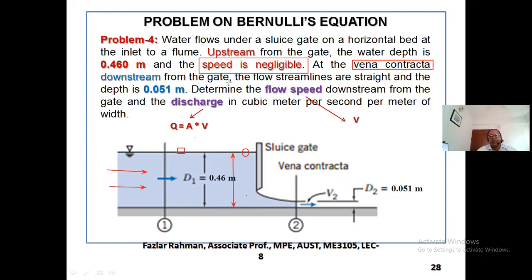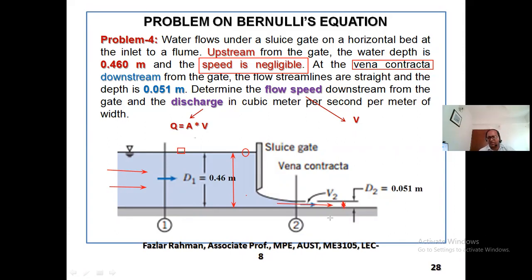Downstream from the gate, the flow streamlines are straight. That means downstream, water is coming out at a constant speed and is straight. Okay, and the depth is 0.051 right over here. This much depth from here to here is 0.051 meter.